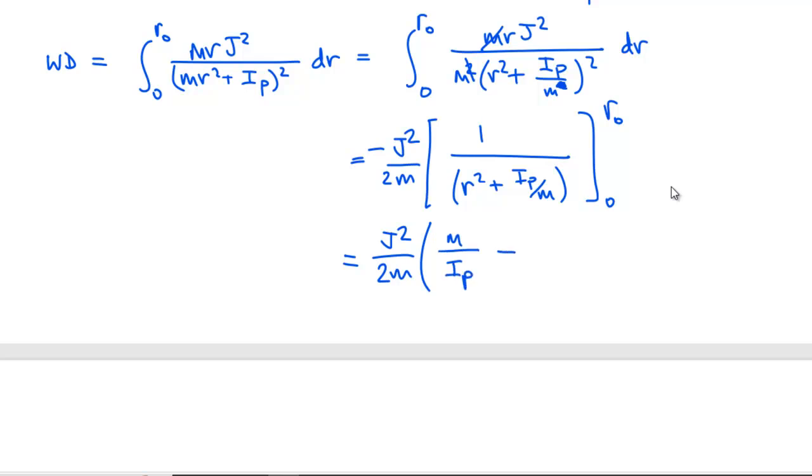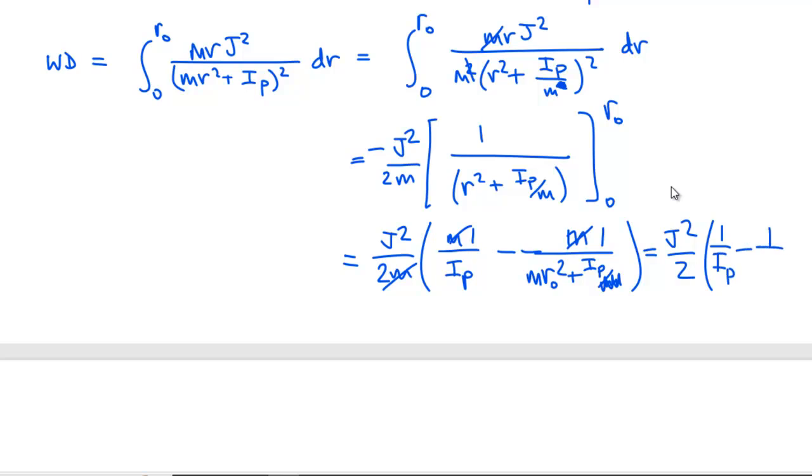And then we'd take off the 1 over R0 squared plus IP over M. Right, so if we put the M at the top, means we need an M there. So that will cancel with that and with that. Have we got much else to say with this? J squared over 2, 1 over IP minus 1 over MR0 squared plus IP.